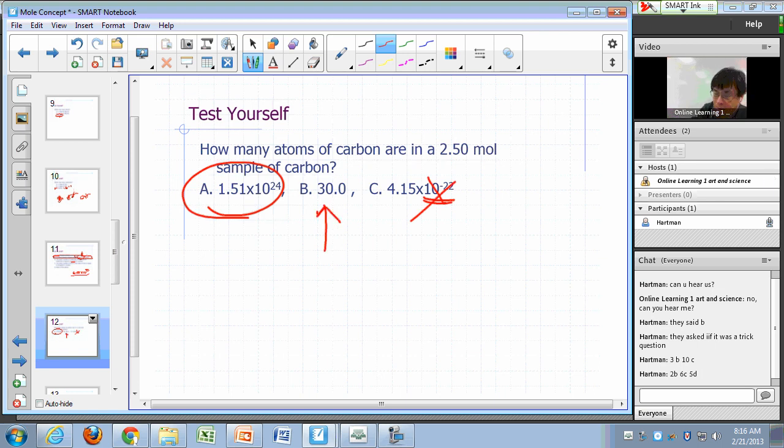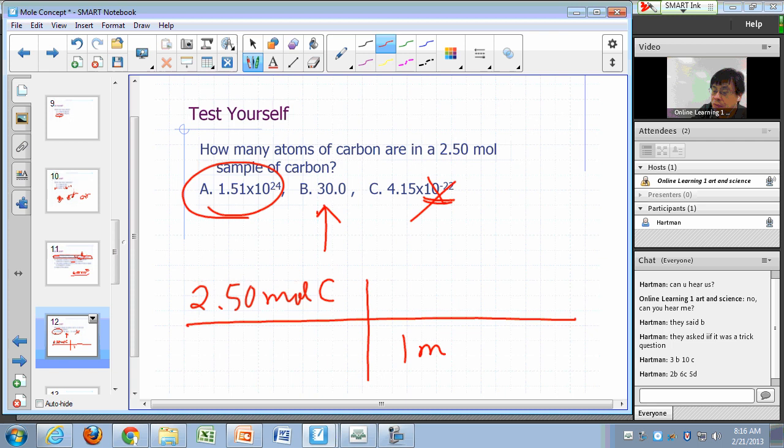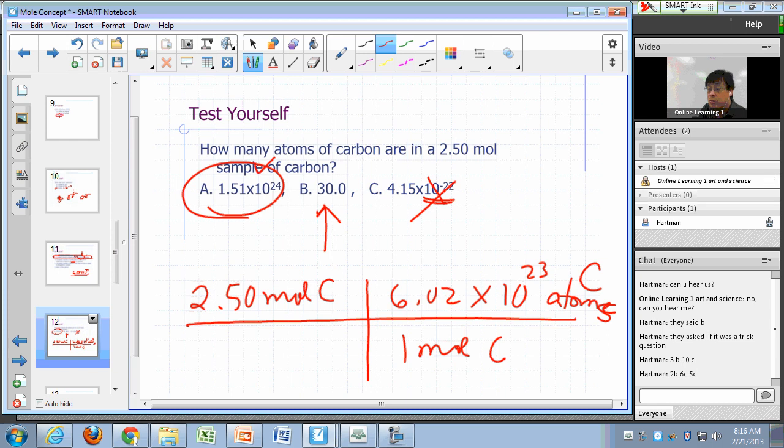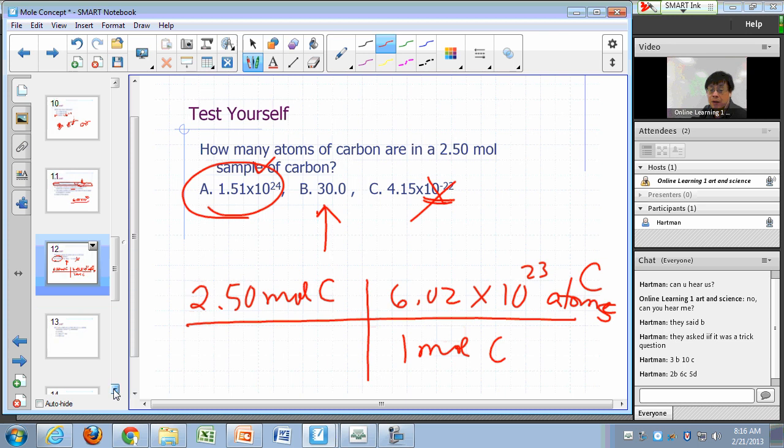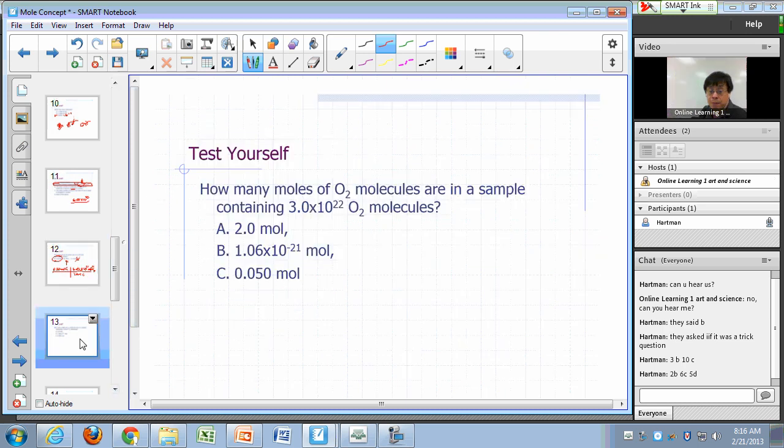So you have 2.50 moles of carbon, and 1 mole of carbon is 6.02 times 10 to the 23rd atoms of carbon. So 2.5 times 6.02 times 10 to the 23rd would be a huge number. If you're actually specifying the actual number, that would have to be a huge number.